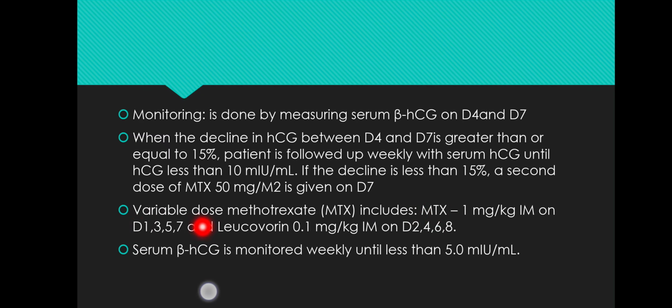And serum beta HCG is monitored weekly until less than 5 milli international units per mil. So this is how you adequately do your medical management of ectopic pregnancy.